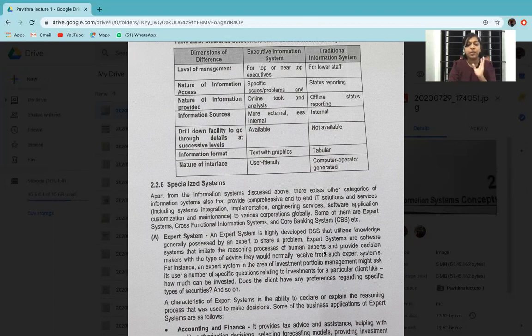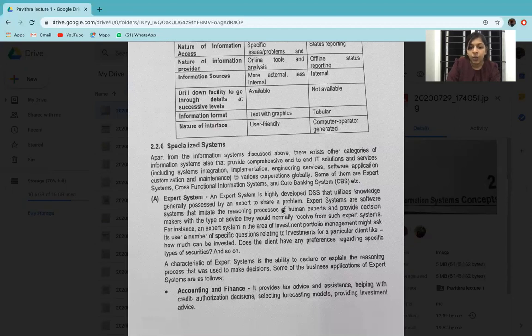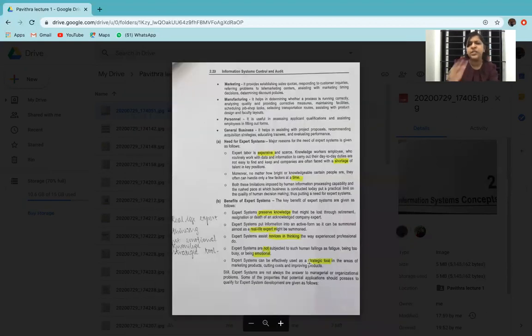So it has the same reasoning process as a human expert. It is used in the areas of accounting, finance, marketing, manufacturing, personnel, and general business. All these things you can give just one thorough read.